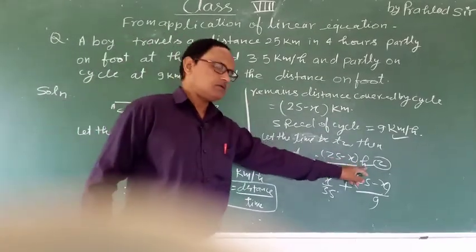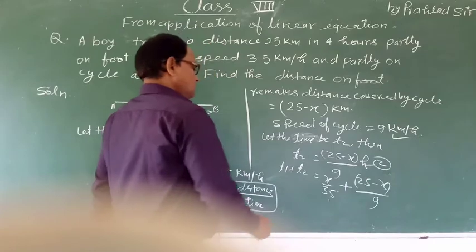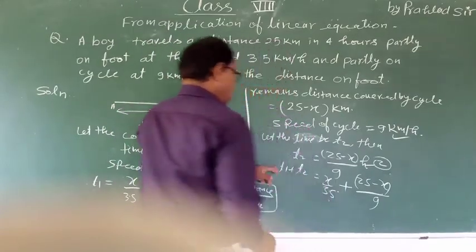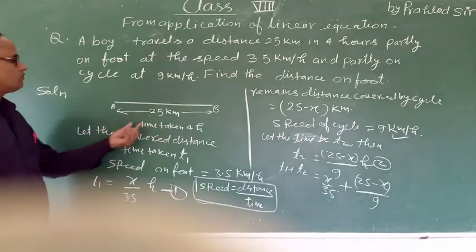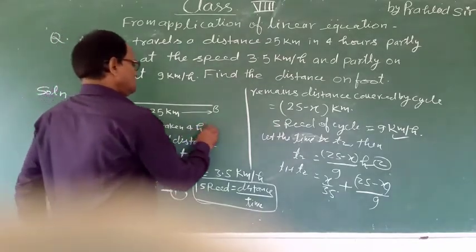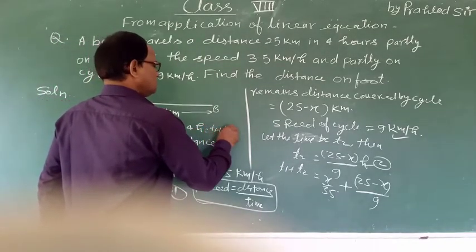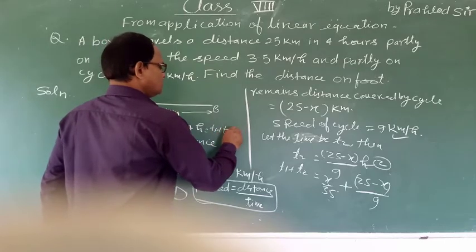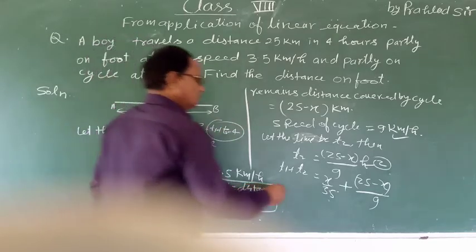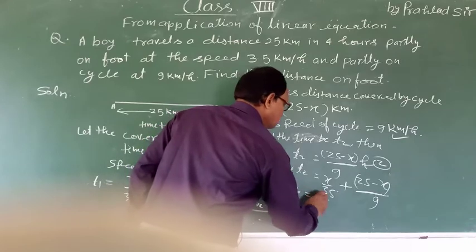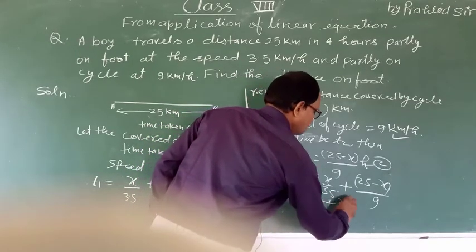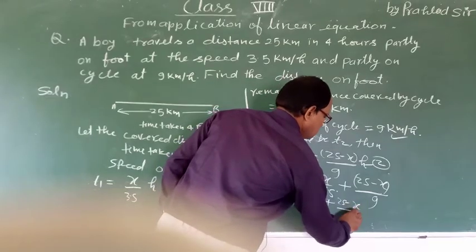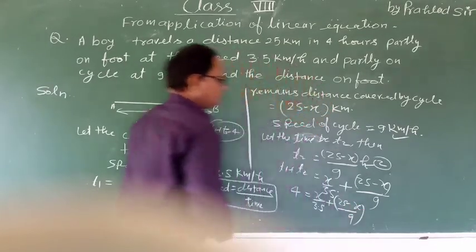The unit of time is hour. So T1 plus T2 is equal to 4. Here 4 is equal to x by 3.5 plus 25 minus x divided by 9.